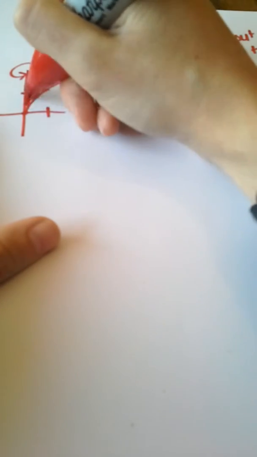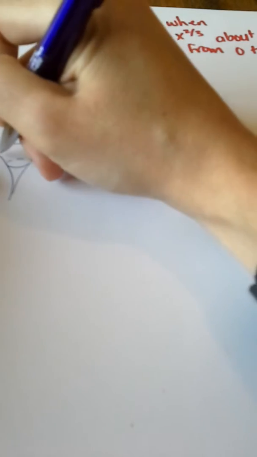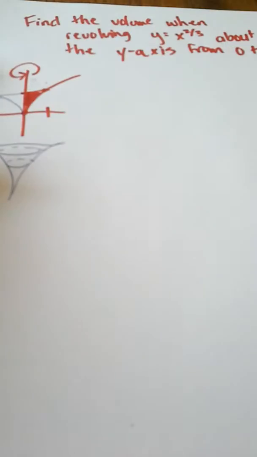So we're going to revolve this region here. So always like to visualize picking that region up. It goes over and around, so it will be reflected over here, and then it will go back through. So it will be making a shape kind of like a solid funnel. Okay, and that's what we're finding the volume of.